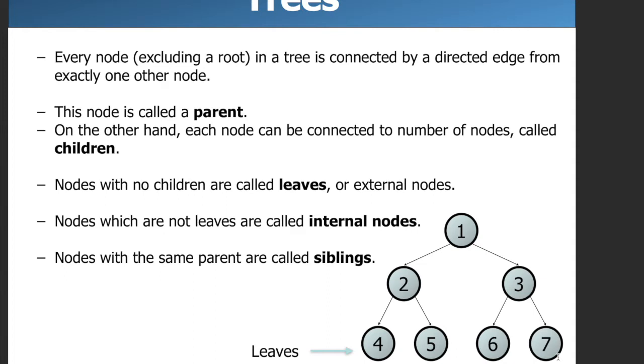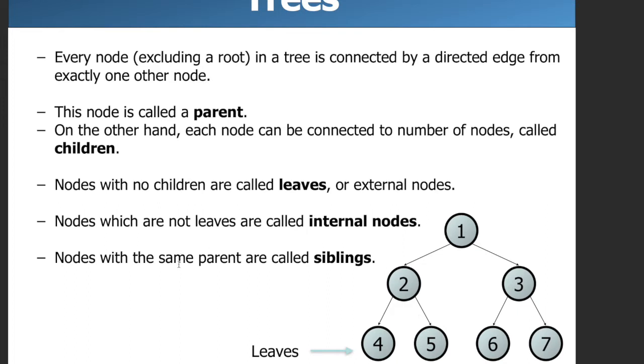It means they are not parents, and also it means they are leaves. We call them leaves. So leaves are nodes with no children. We also call them external nodes. And nodes which are not leaves are called internal nodes. So if the node is not a leaf, it means it's an internal node.